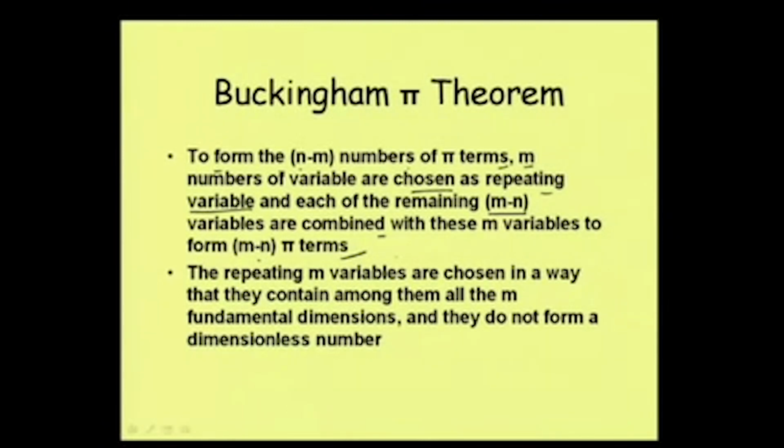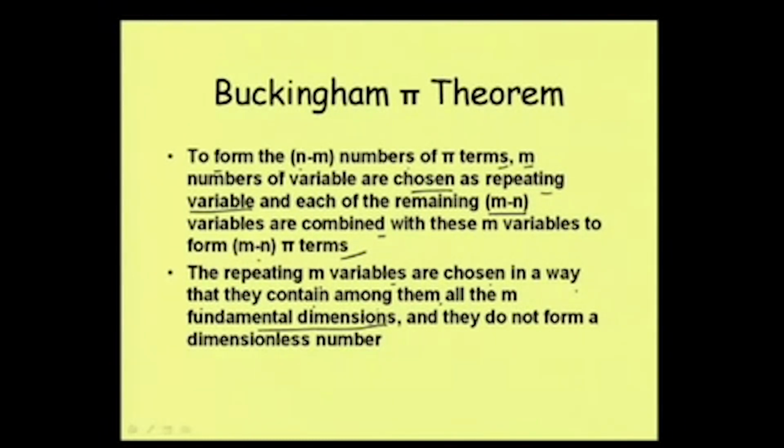This is one requirement. The first requirement, as we have stated, is that the m repeating variables are chosen in a way that they contain among them all the m fundamental dimensions, among them, not individually. Among these 3, all the fundamental dimensions will have to be there.